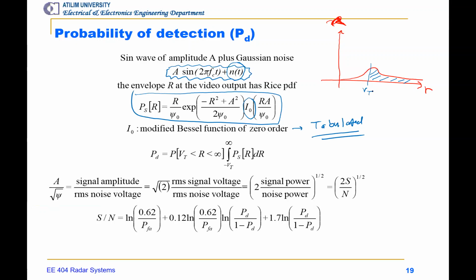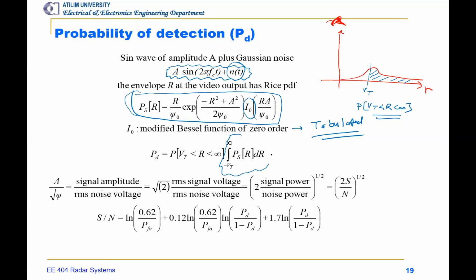Let's say this is VT, the probability that R is greater than VT and less than infinity, which means that if R involves a signal, then that's a declaration of signal detection. So that's the probability of detection. So we evaluate this probability by using this Rice PDF.